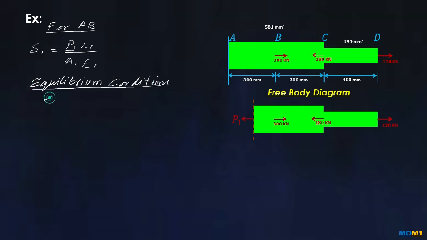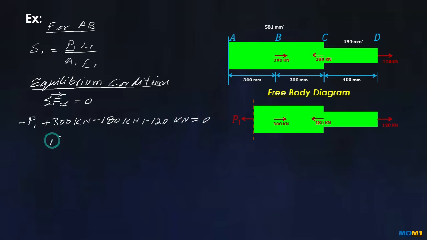And for that, summation of forces along x-axis is 0. So minus P1 plus 300 kilonewton minus 180 kilonewton plus 120 kilonewton equals to 0.